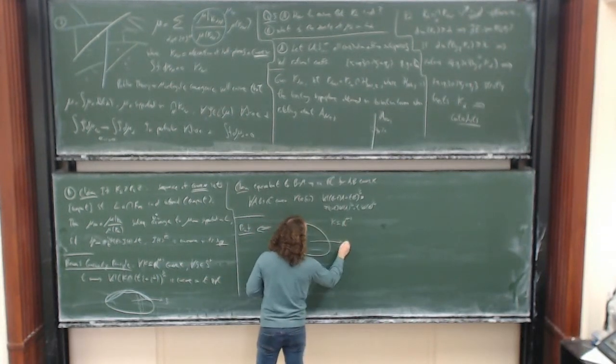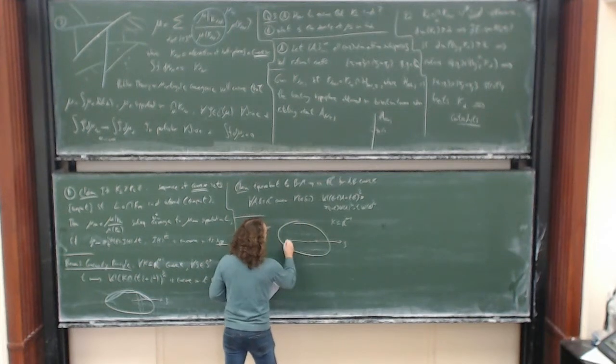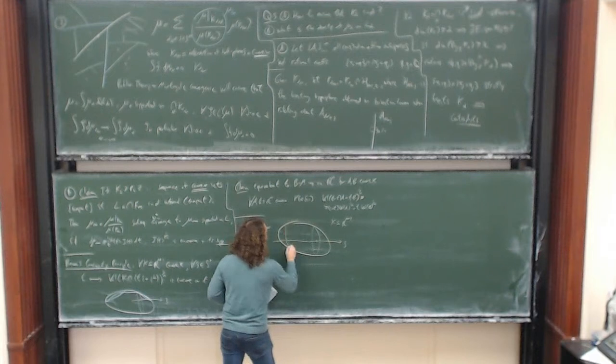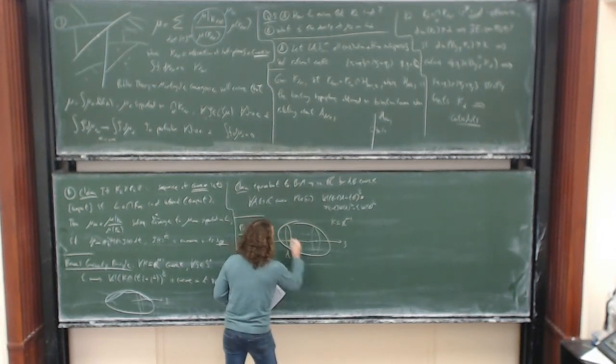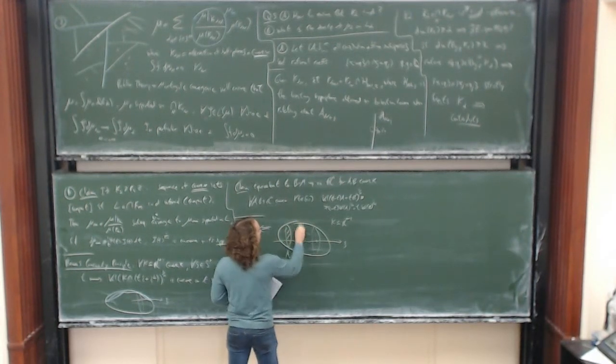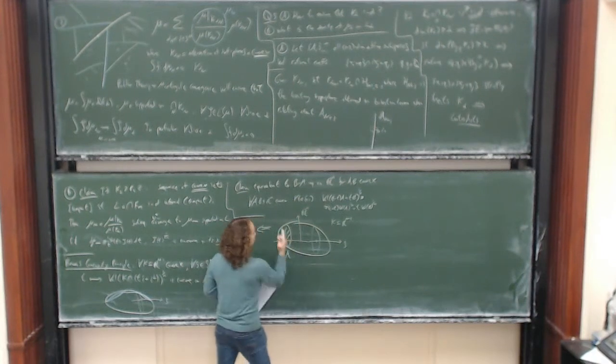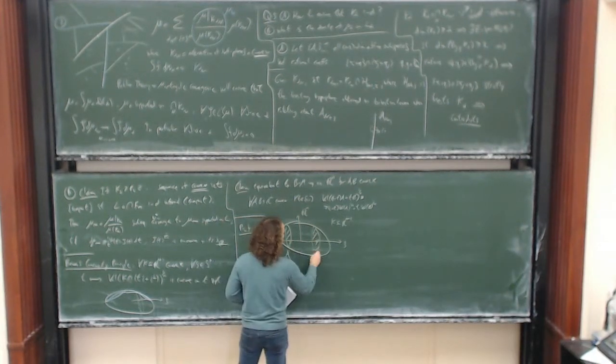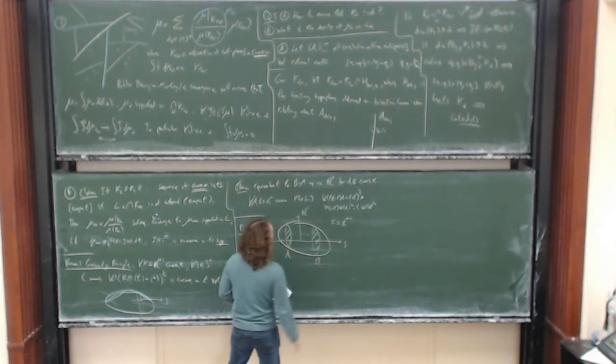I have my direction psi. So I need to show it's concave. So I take two points. I take the slice here. Take the slice here. Let's call this guy A. So this is R^n, right? So this slice is a convex set A in R^n. This slice is a convex set called B in R^n.